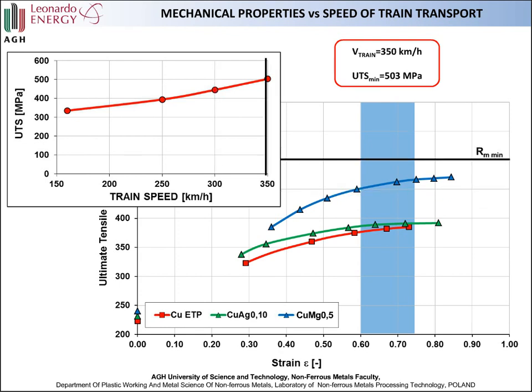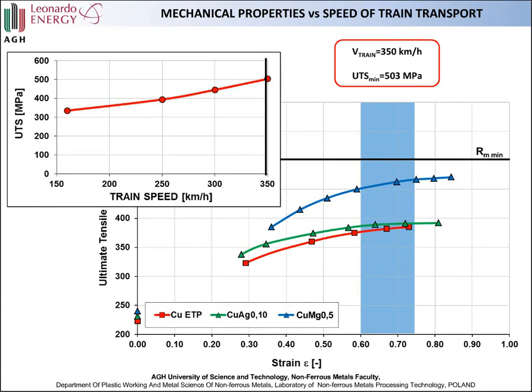And the highest speed shown in this presentation is 350 kilometers per hour, and the minimal ultimate tensile strength is at the level of more or less 500 MPa, and we can clearly see that none of the materials shown can be used as a contact wire with this traction line.